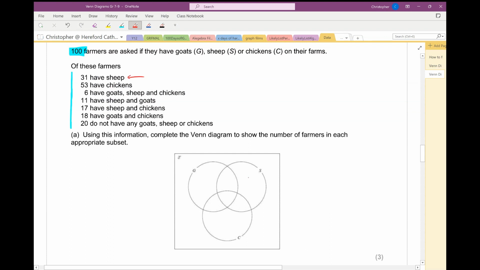It would be really tempting just to write 31 there, but that wouldn't be correct, because here, those are the farmers who have sheep only, who don't have any goats or chickens as well.